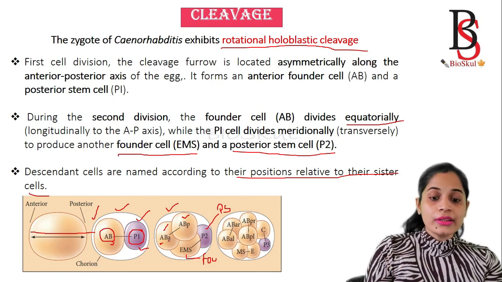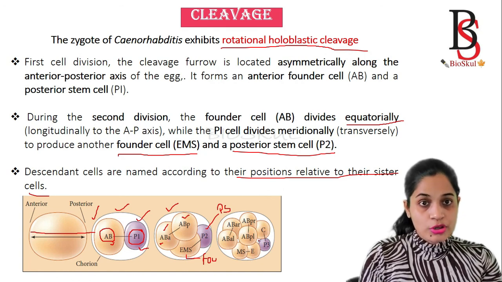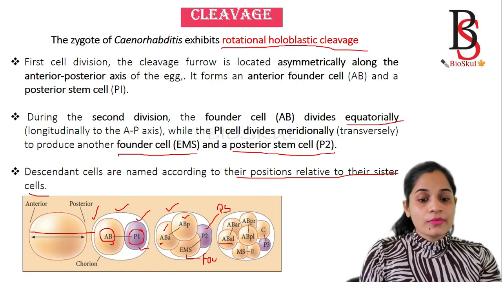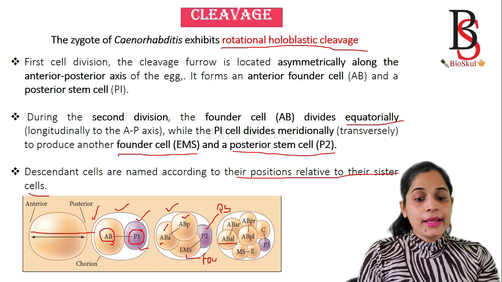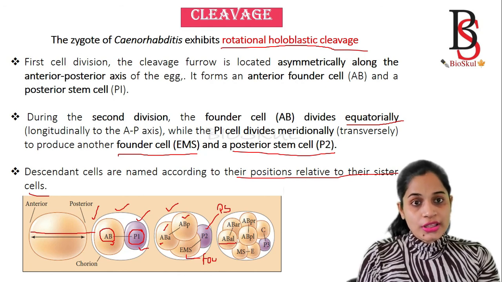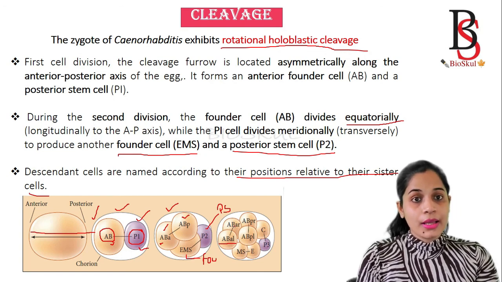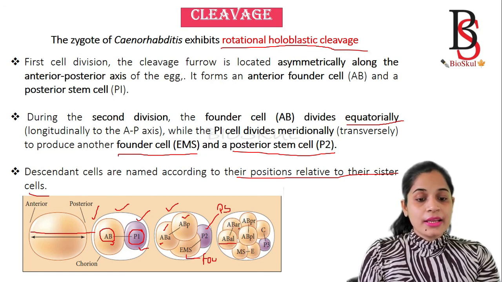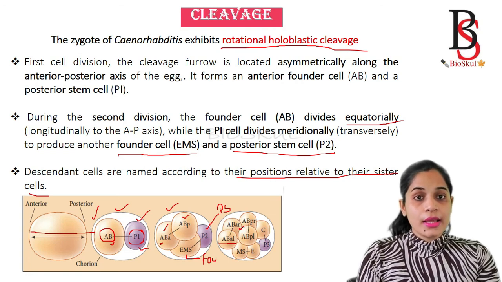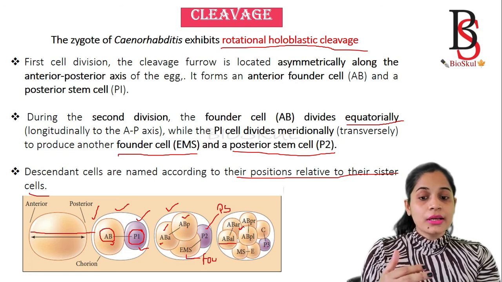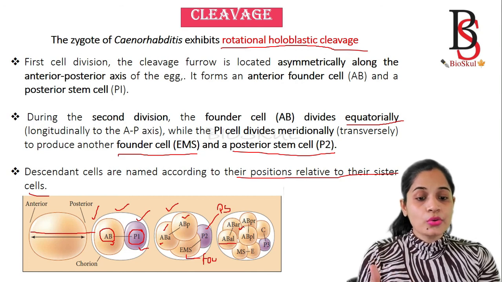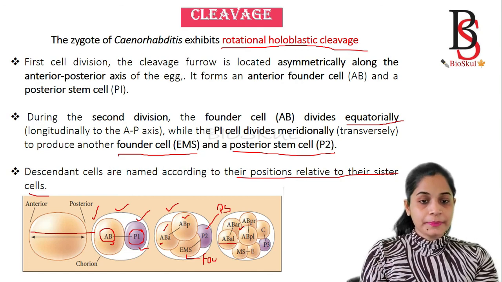Further, when ABA divides, it forms ABAL, the left daughter cell of ABA. Similarly, ABAR, where R is the right daughter cell of ABA. So the descendant cells are named according to their position.